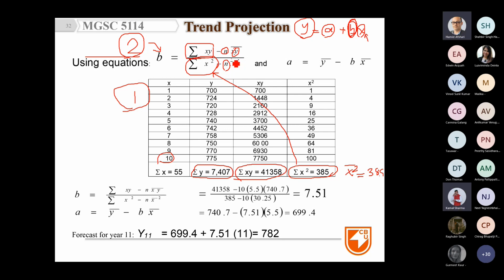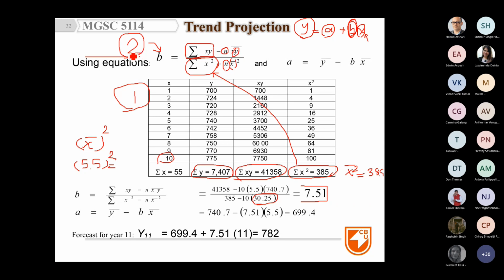So x bar is 5.5, and squared, it will be 30.25. And then just replace the numbers in this fraction, then you will get 7.5. So this is the slope of the line.